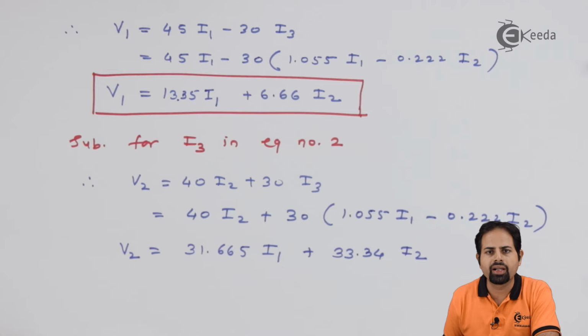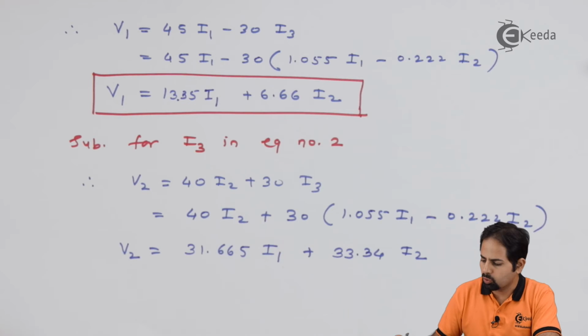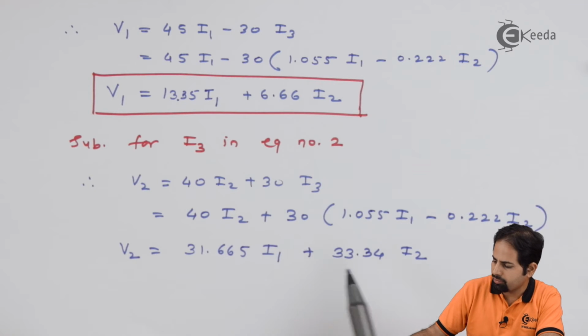So after again calculating, we got V2 equal to 31.665 I1 plus 33.34 I2.